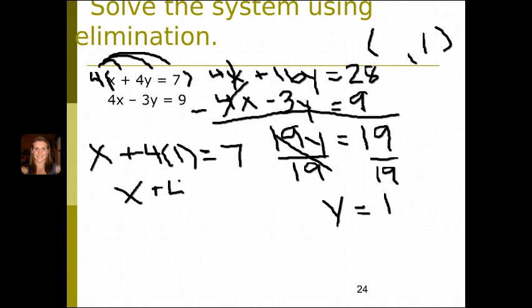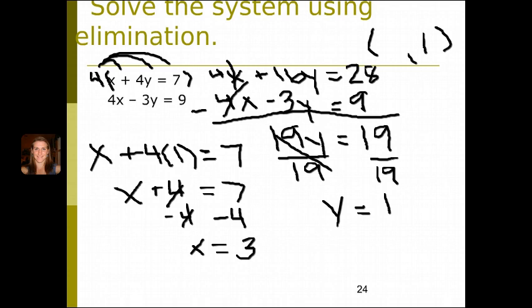X is adding 4, so the opposite of adding 4 is to subtract 4, and we're going to do that from both sides to keep it equal. So we get x equals 3. So our ordered pair for this system is 3, 1.